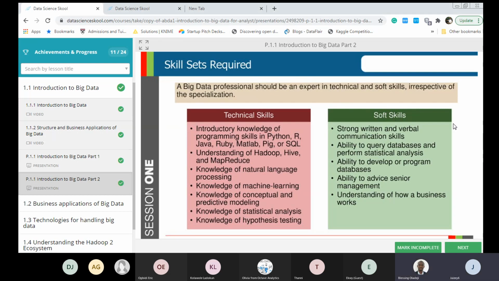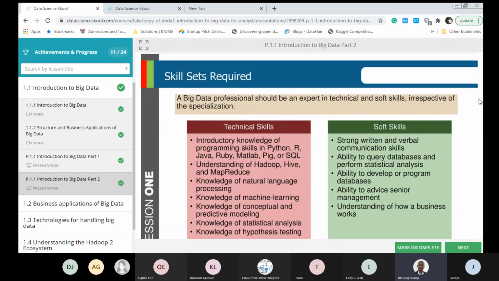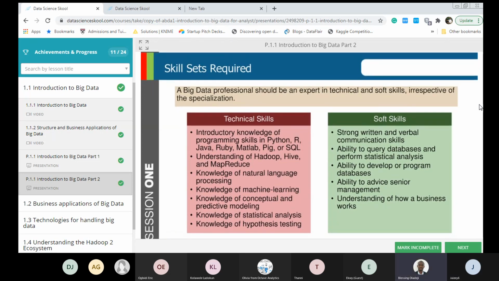So let's look at some of those keys that you require. So the programming skill, we've already said that. It could be Python, it could be R, it could be Java, it could be MATLAB, it could be SQL.